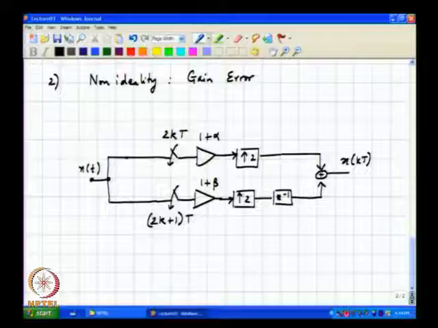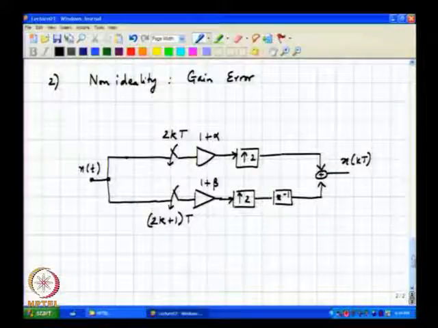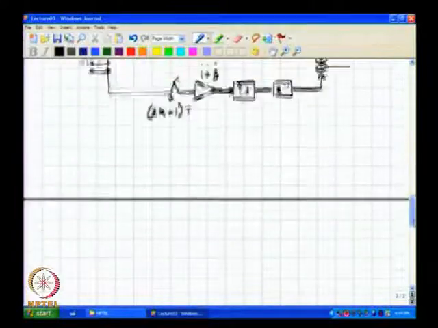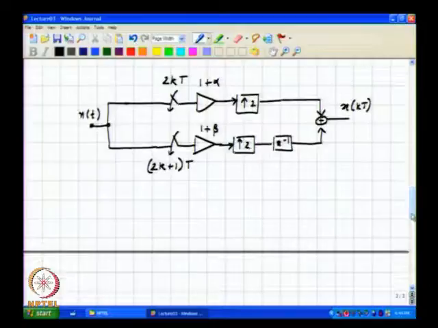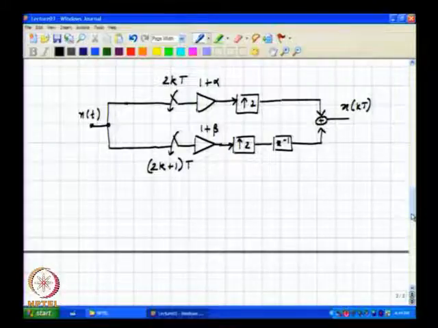In practice, alpha will not be equal to beta, again because of random mismatch between both the channels. What do you think? Before we get into the math, let us try and understand intuitively what we should expect. What do you think will happen? If alpha was equal to beta, what do you think will happen?